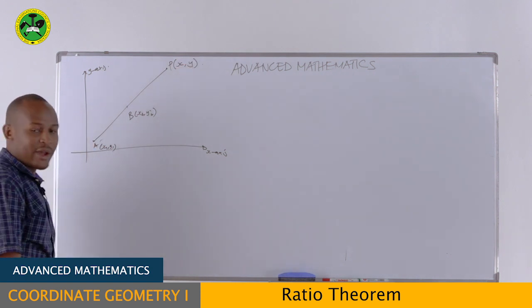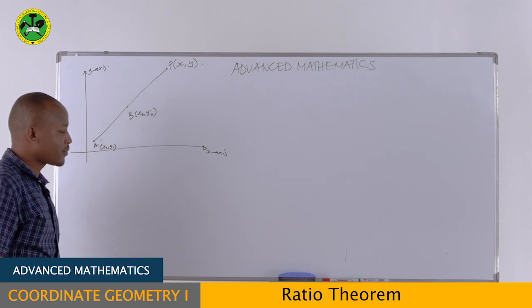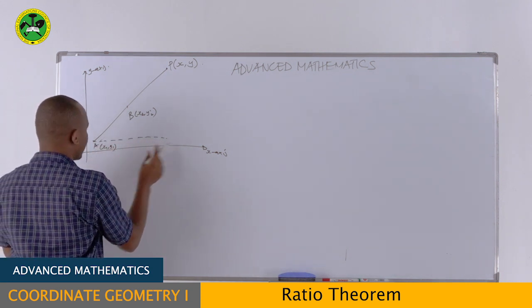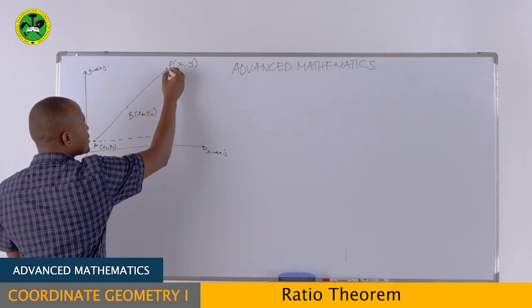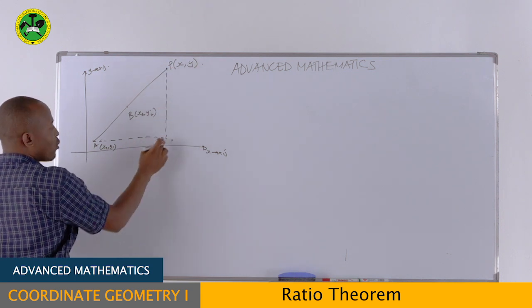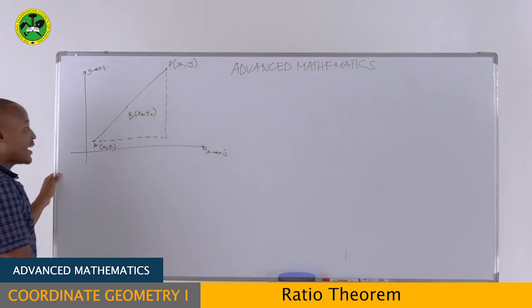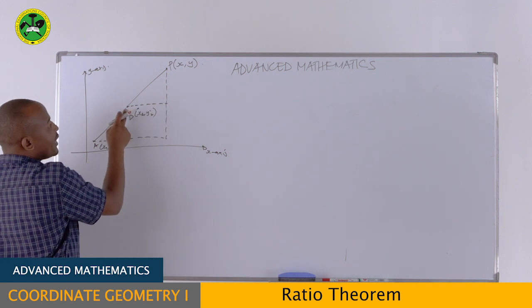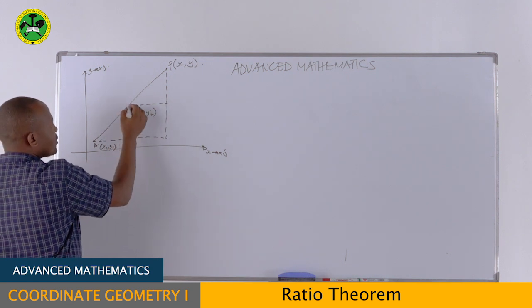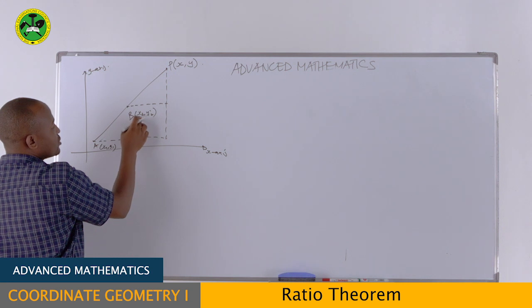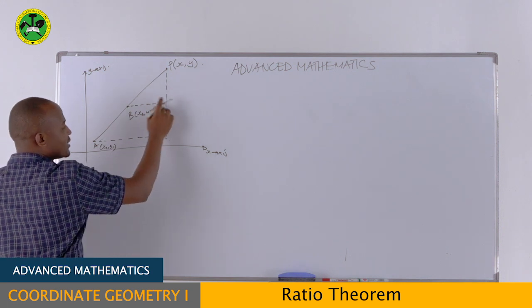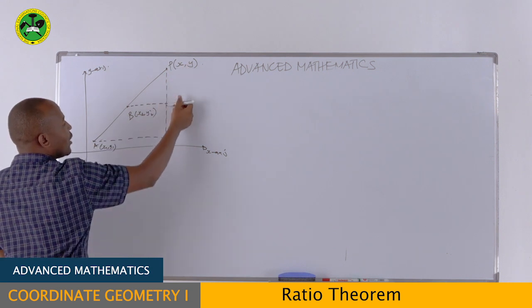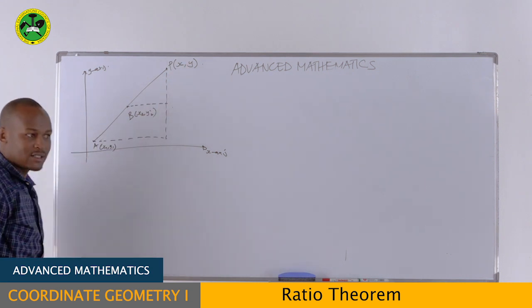Try to join this. We have the distance from x1 to x, and from y1 to y. And again, we have the distance from x2 to x, and again a distance from y2 to y.